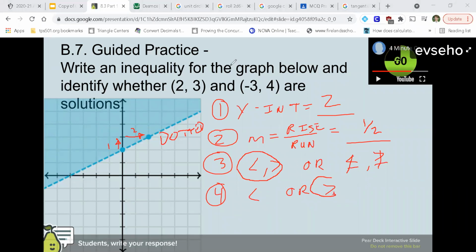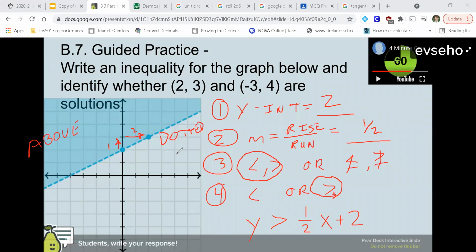So if we put all these four things together, our equation is y is greater than 1/2 x plus 2. That is the inequality for this graph.